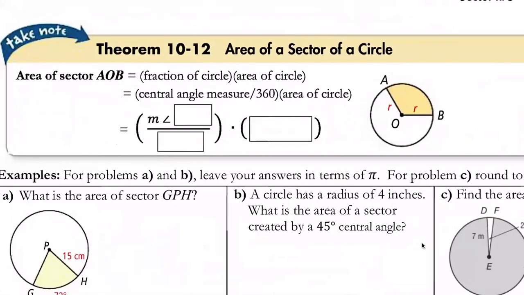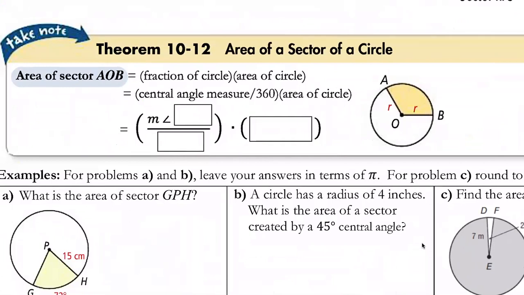So as a formula, the area of a sector is equal to whatever fraction of the circle that you have. You determine that by figuring out the central angle measure and then dividing that by 360. That gives you the fraction of the circle.